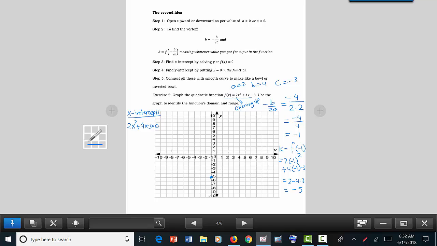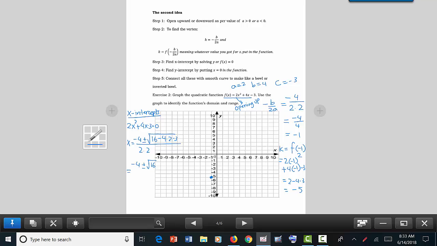If we use the quadratic formula, x equals negative b plus or minus the square root of b squared, which is 16, minus 4 times a, which is 2, times c, which is negative 3, divided by 2 times a, which is 2. So it is negative 4 plus or minus the square root of 16. Negative times negative is positive, so we are adding. 8 times 3 is 24.